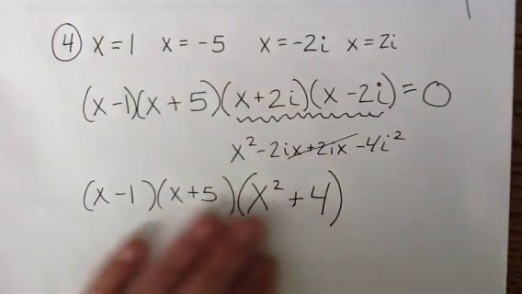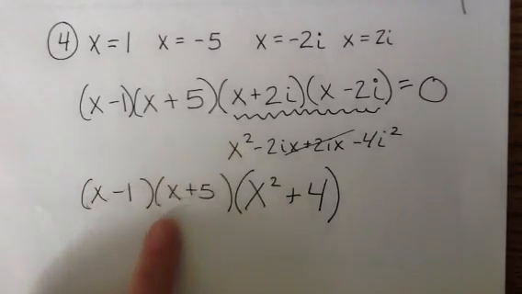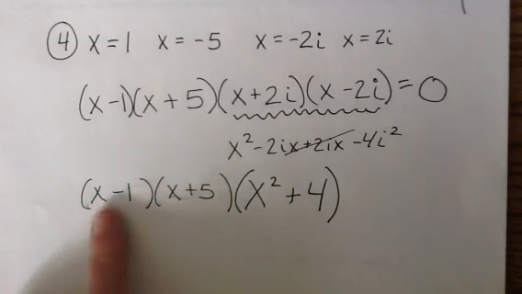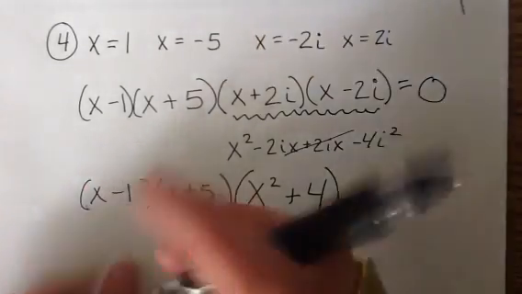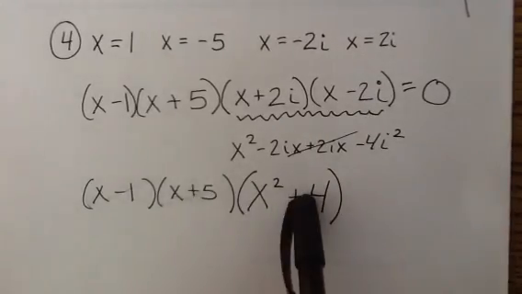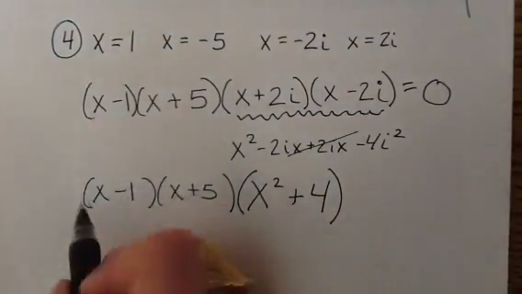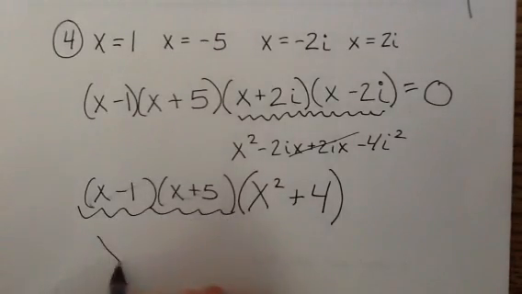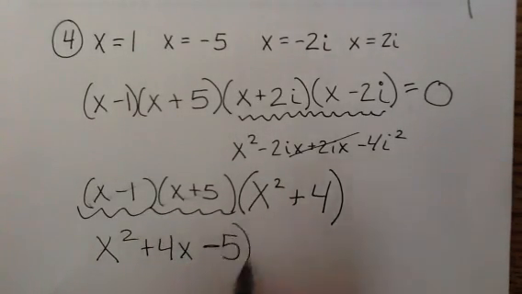Now, from here you can kind of do whatever you want as far as multiplying. I suggest doing the first 2 together, because if you do that, you at this point then will have a trinomial, whereas if you multiply these 2, you'll have a polynomial of 4 terms. So what I suggest, do these 2 next. You get x squared plus 4x minus 5.